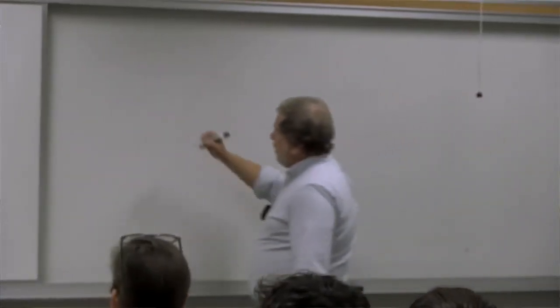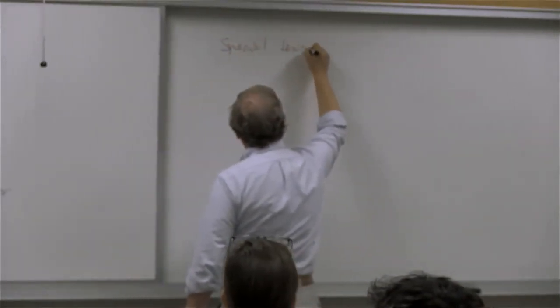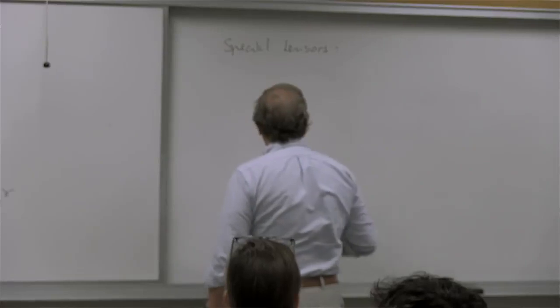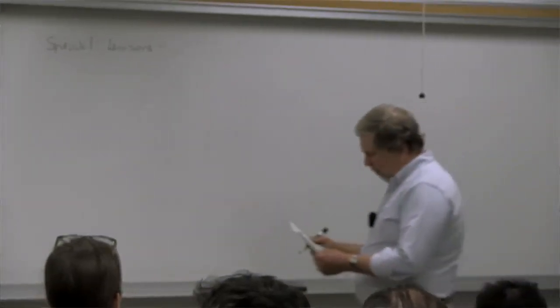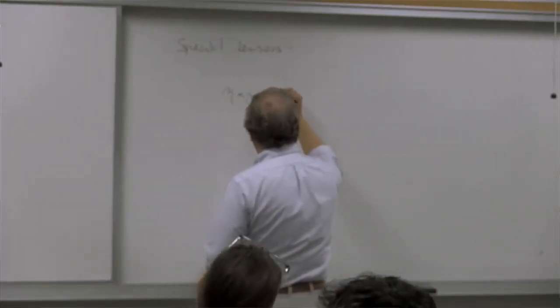So now there are a number of special tensors which are useful. One is the eta symbol, eta alpha beta, the so-called flat metric.